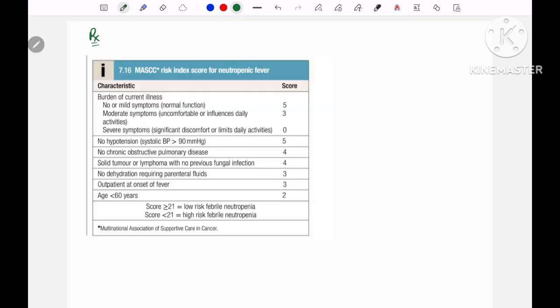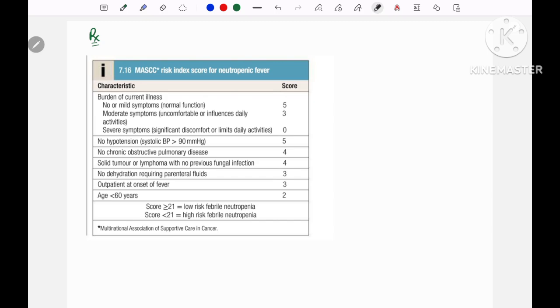Now we'll talk about the treatment, but before going to the treatment, I would like to explain one score, which is the MASCC score, the Multinational Association of Supportive Care in Cancer.